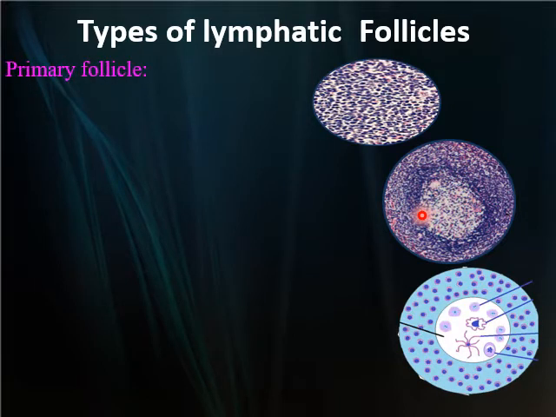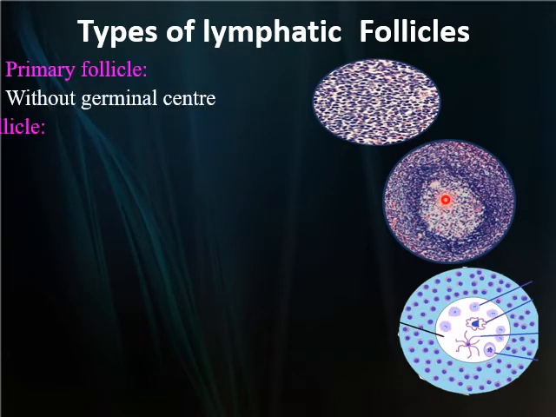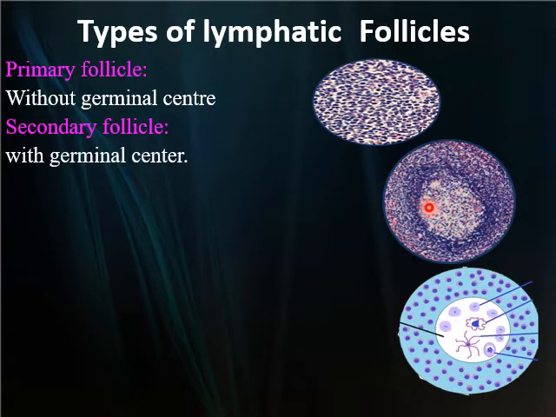We call this the primary follicle and this the secondary follicle. The primary follicle has no pale center, so we say it has no germinal center. But this secondary follicle contains a germinal center.